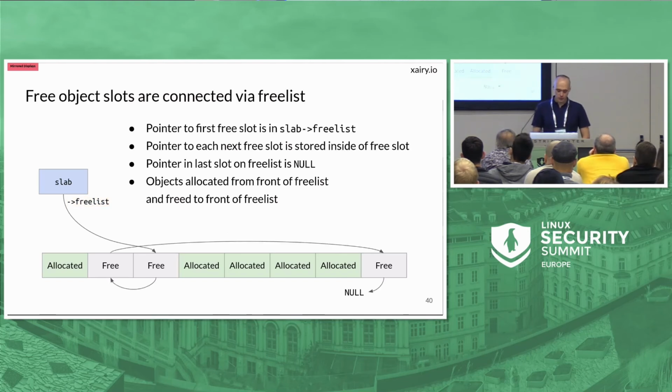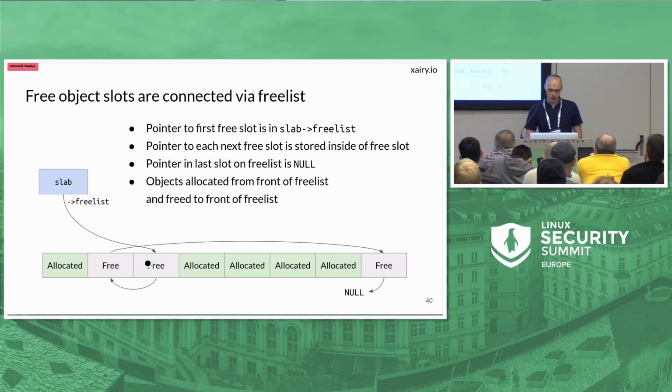All of the free slots within the slabs are linked via a free list. So we have this free list pointer that points to the first free slot within the slab, and this memory is technically free, which means the Linux kernel external to the SLUB allocator does not use it, which means that the SLUB allocator can store any kind of metadata it wants within the free slot. And the only metadata that the SLUB allocator stores within free slots in the configuration that we assume is a free list pointer to the next free object.